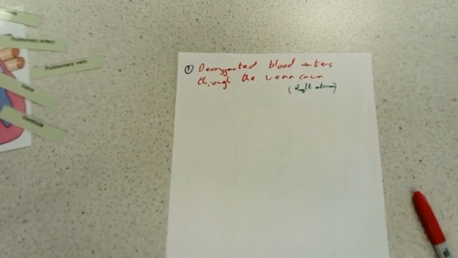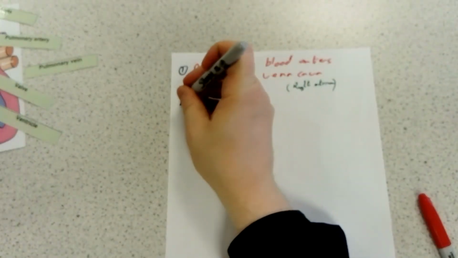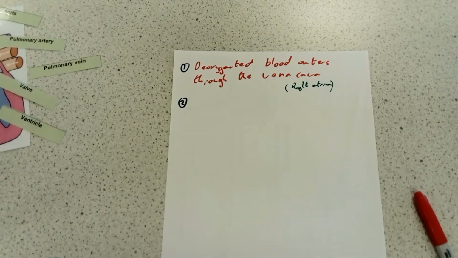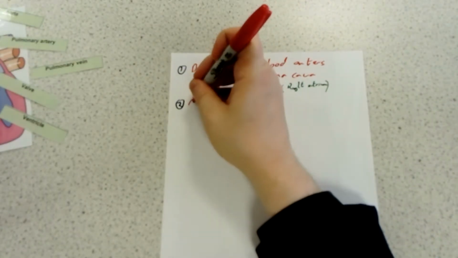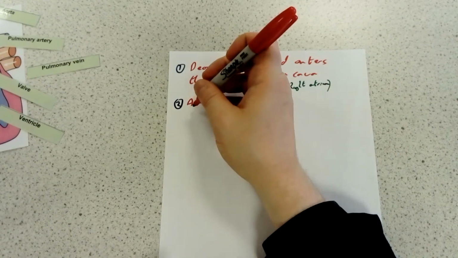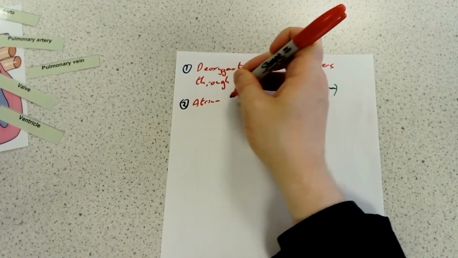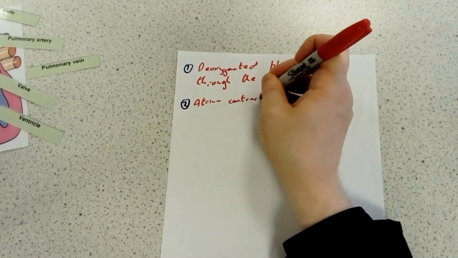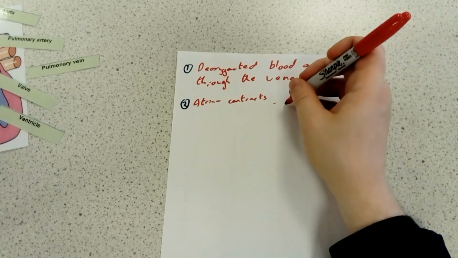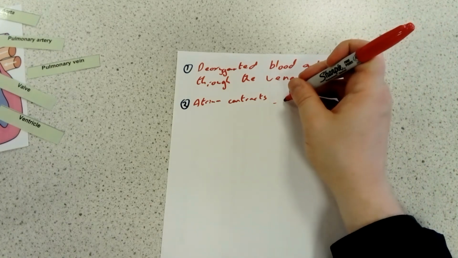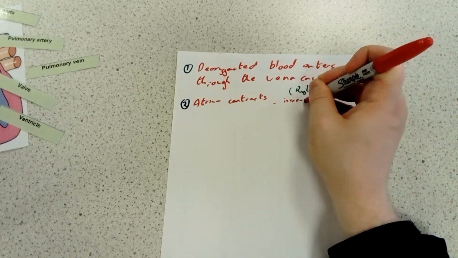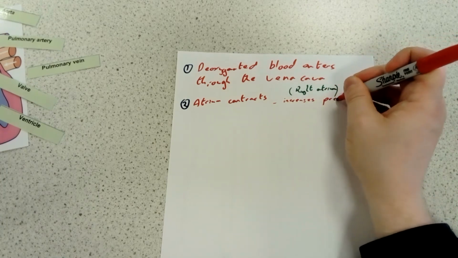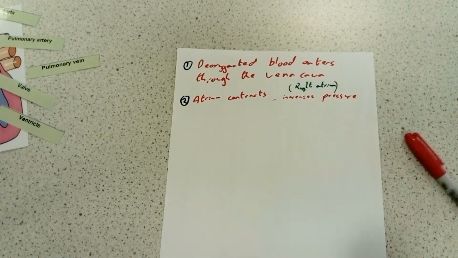Next thing that happens is that that atrium contracts. As the atrium contracts, that increases the pressure. So it's important to remember that you're noting down that increases pressure. Right?